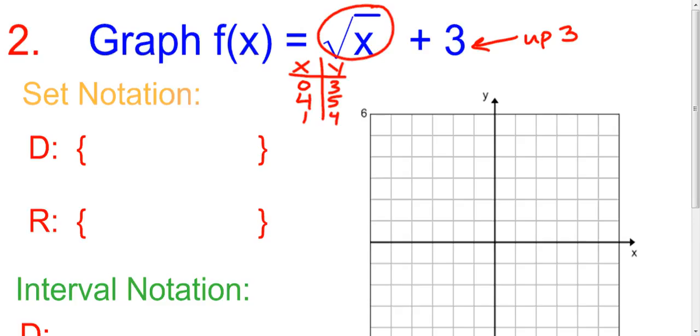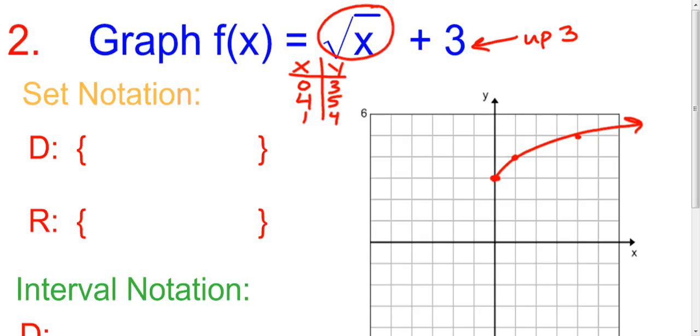So if I go ahead and plot those points, I have (0, 3), (1, 4), and (4, 5). So you can see what it did is it took that basic square root function graph and moved it up 3. That's all that it did, okay?